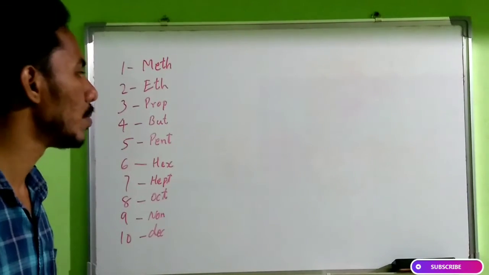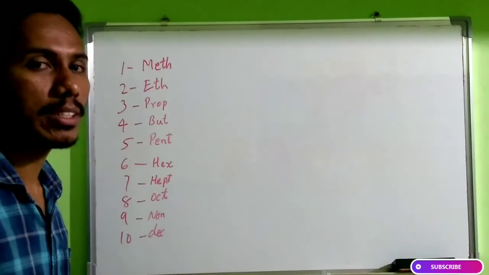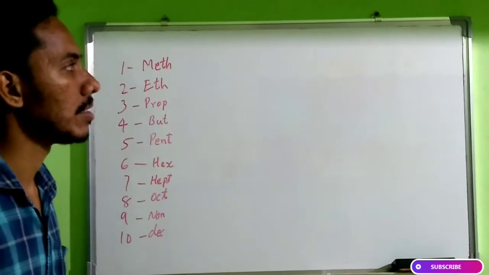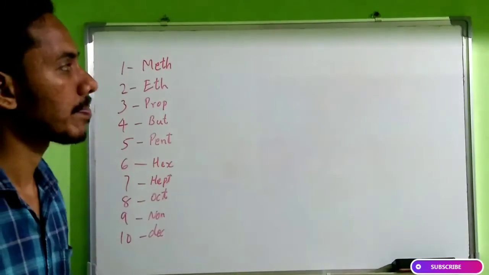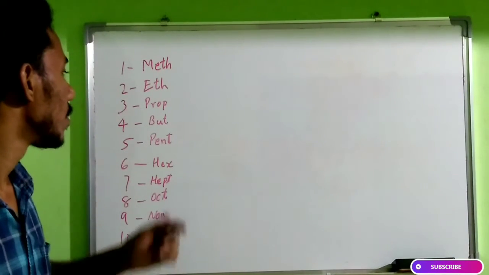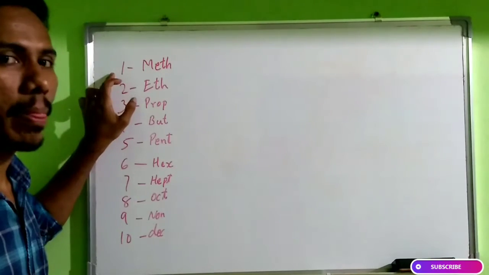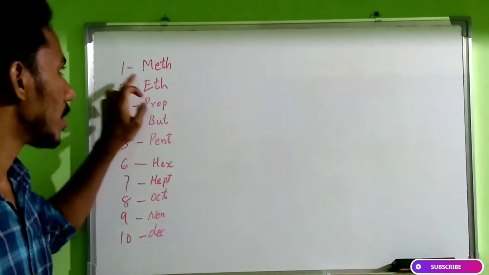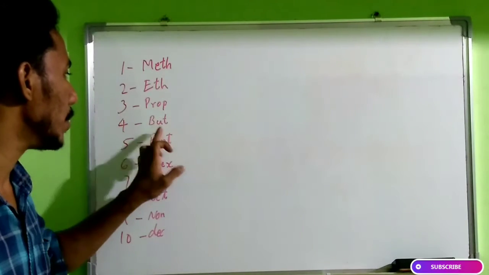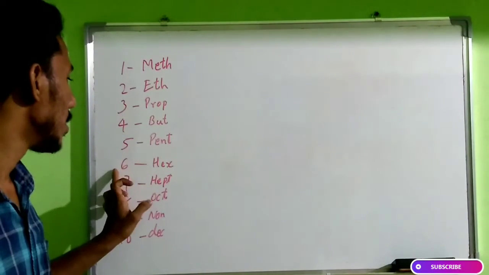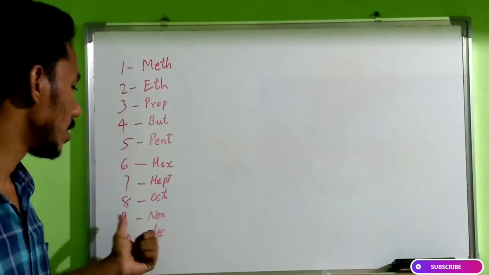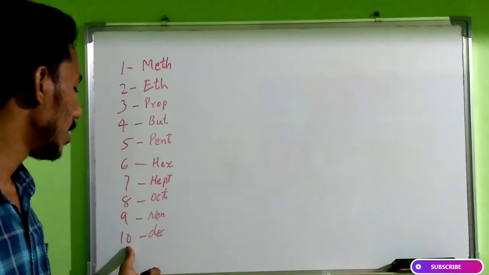It will help you to draw the structure, to understand the structure, and also to name the structure. So first, 1 meth, 2 eth, 3 prop, 4 but, 5 pent, 6 hex, 7 hep, 8 oct, 9 non, 10 dec.